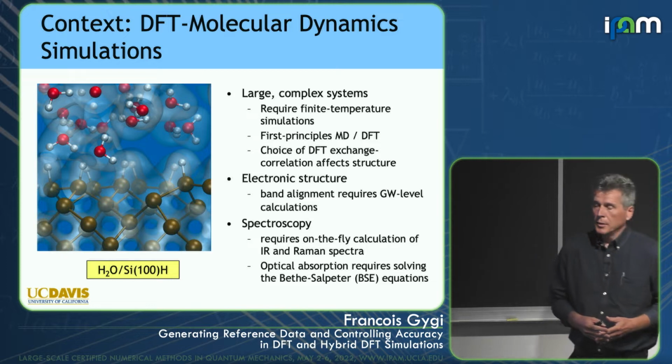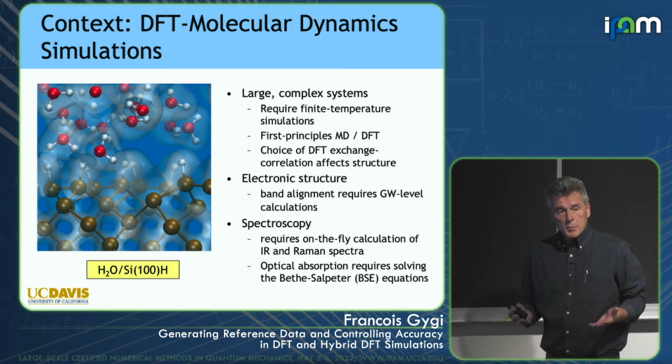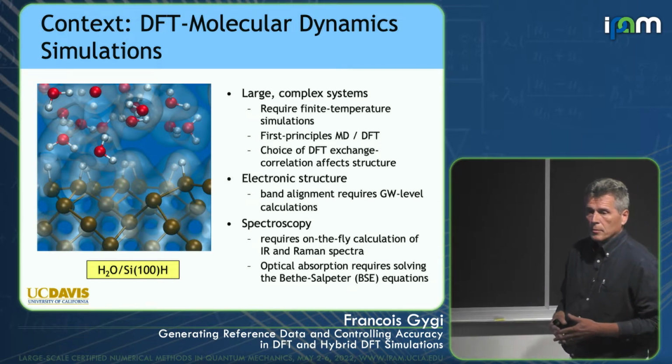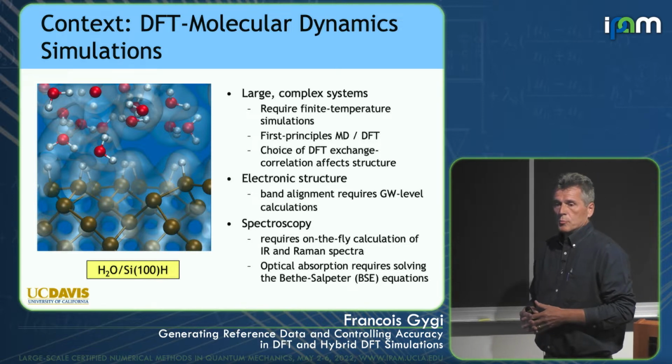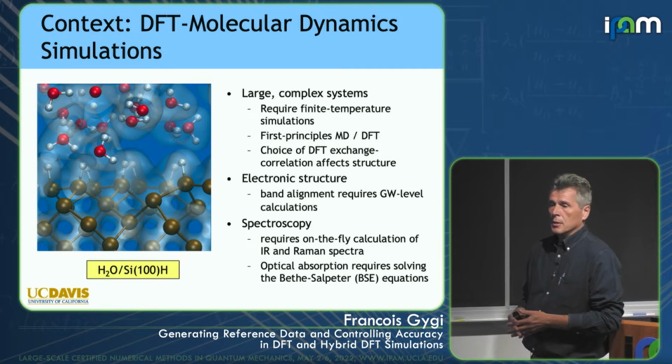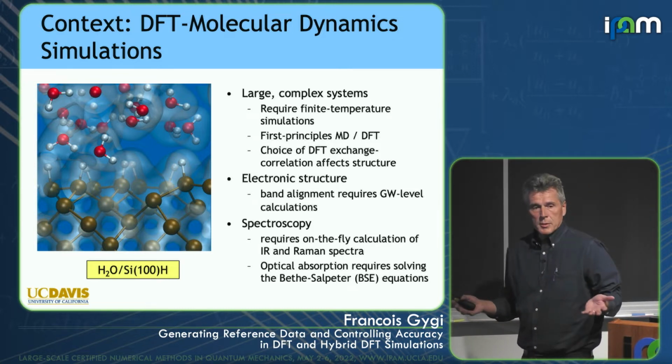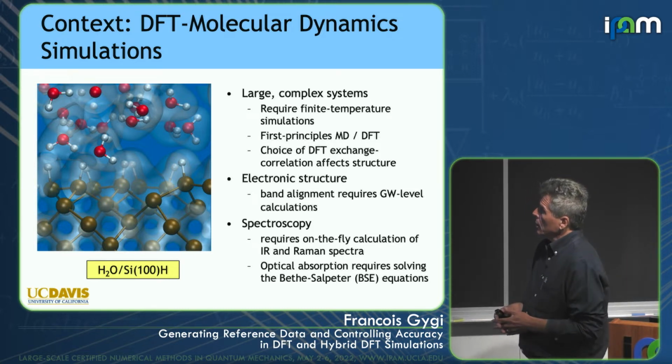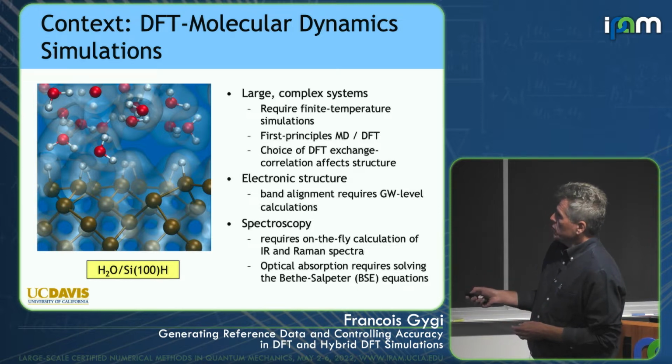Since it's a large complex system, you need to simulate it for a long time. It's usually not possible to simulate large systems of thousands of atoms and learn much about them, because time dependence and thermodynamics actually matter. So the tool we're going to be using is first principles molecular dynamics based on density functional theory, because that's what's feasible.